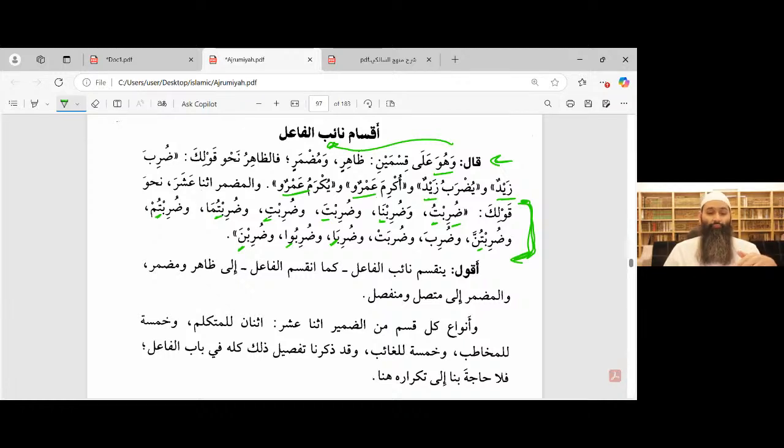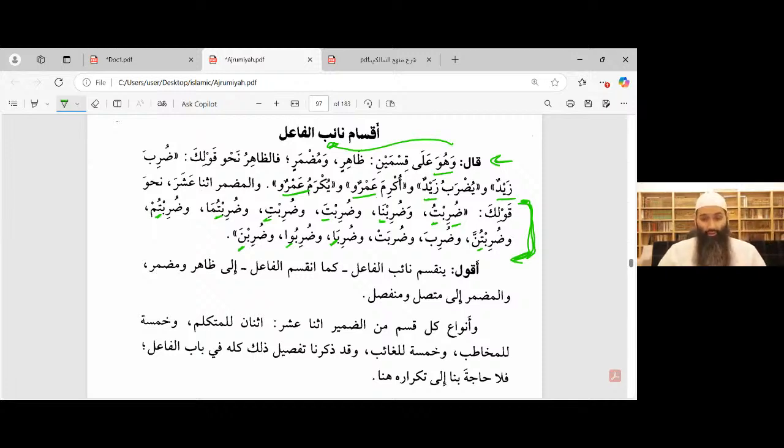Here, doribtu, the ta is na'ibu fa'il. And you can see the form of the fi'l is also different. The form slightly changed. That's it. Apart from that, everything is the same.